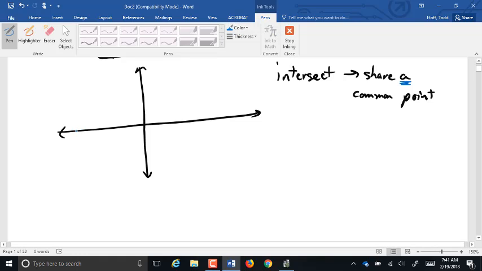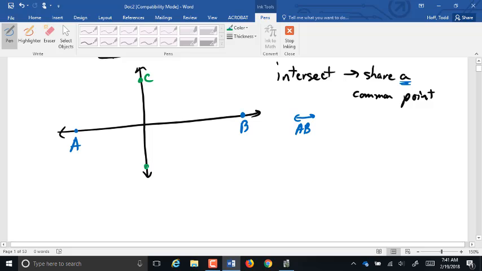Now, some notation here. I name any line by just naming 2 points that are on the line. So that line going horizontally there, I'm going to call it line AB. Line going vertically, I want to put points on it.